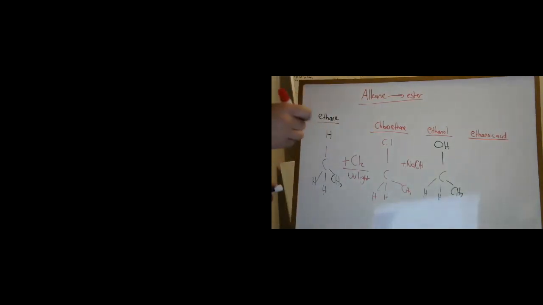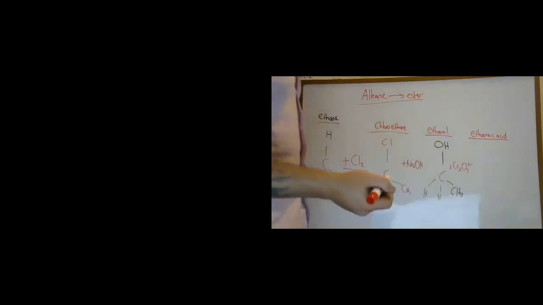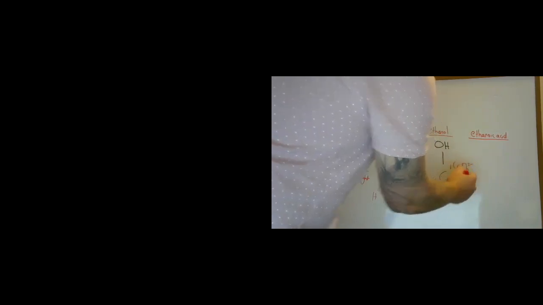So now we can make ethanoic acid from ethanol. So we react ethanol and hydrogen. So then we end up with ethanoic acid.